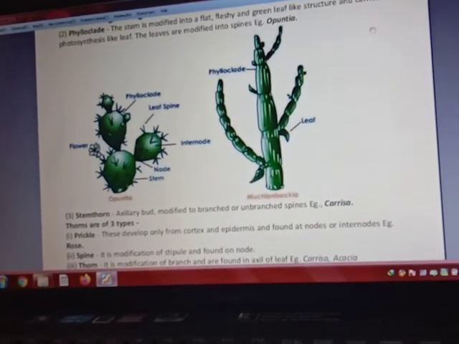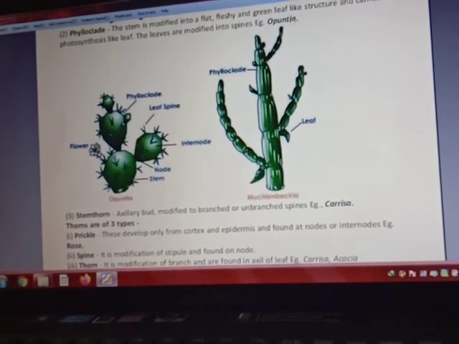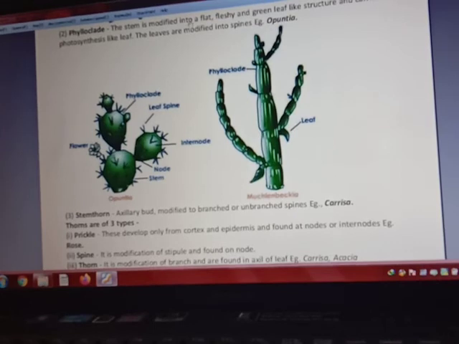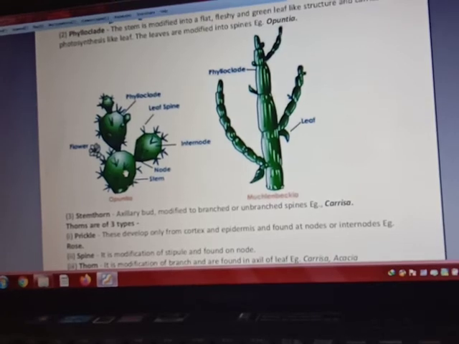Then is a phylloclade. Students, phylloclade is again a very important term and you should remember it for competitive exams also. Phylloclade is a stem modified into a flat, fleshy, green leaf-like structure. You can see here, it is an example of the Opuntia plant. Here the stem is modified into a leaf-like structure, green, flat, fleshy, and all of you know what the function of a leaf is?